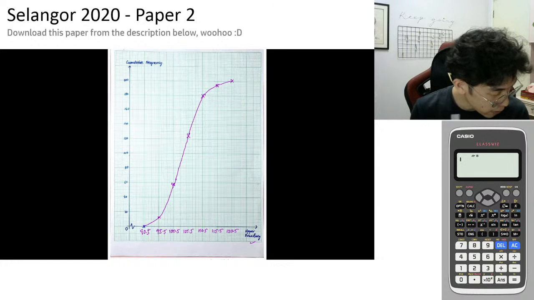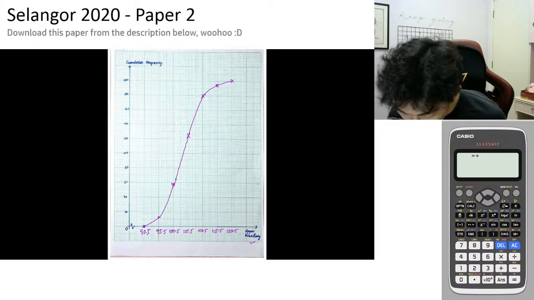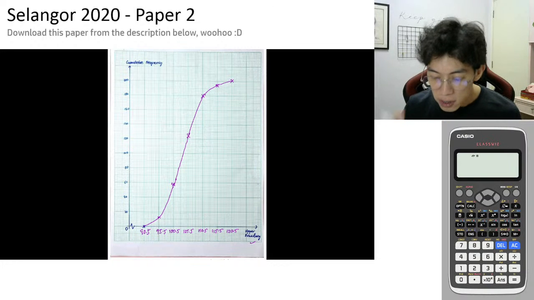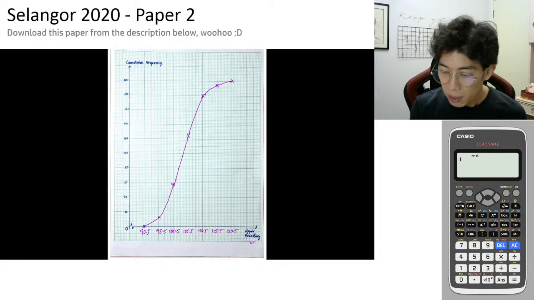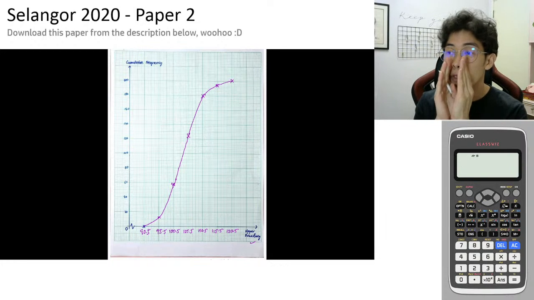Next we have part D. Part D says drivers who drove with a speed of more than 110 will be fined. Histogram, you can use both.